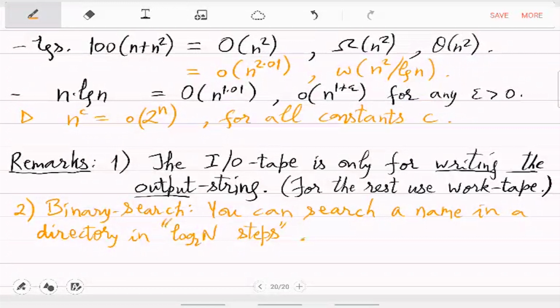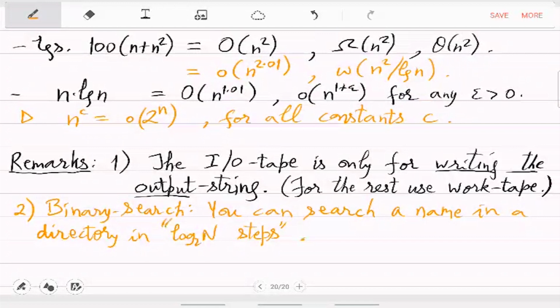But this is actually not possible on the tape, right? Because on the tape, your head can only move one cell at a time, to one of the neighboring cells. So it cannot really jump from one end to the midpoint of the input. Okay, that jump is not possible.